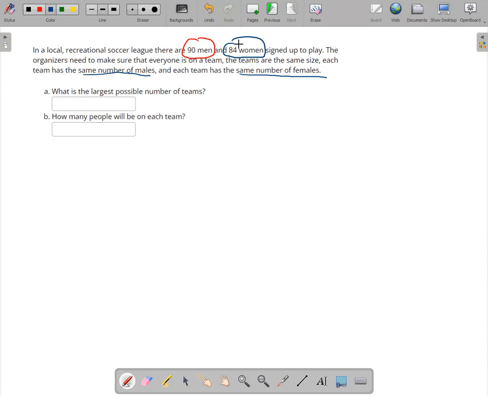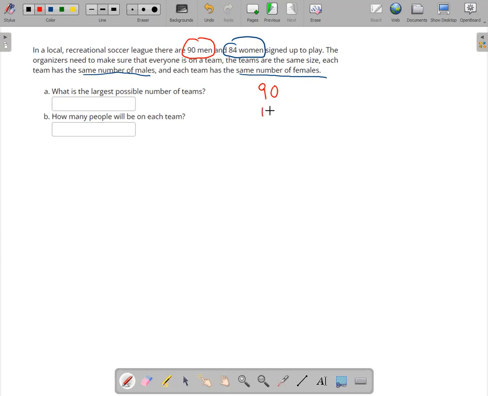So I think we want to know about factors of each of these numbers. So I'm going to look at factors of 90, because if I have to split the men up into teams, I need to know how to evenly split them up, which is a multiplication problem.